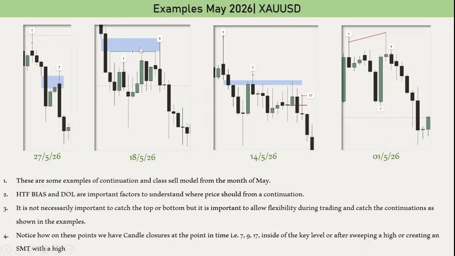So 8 taps into the fair value gap, sweeps out this liquidity, creates an SMT with gold GBP. This was an SMT, and then we get a C2 closure here, a candle closure. So I know that this is my reversal, and the ninth will be my continuation. Time is delayed here. If time was perfect, then this candle would have been 7 and I would have got continuation down. But time was delayed, so I got continuation here on the ninth candle.